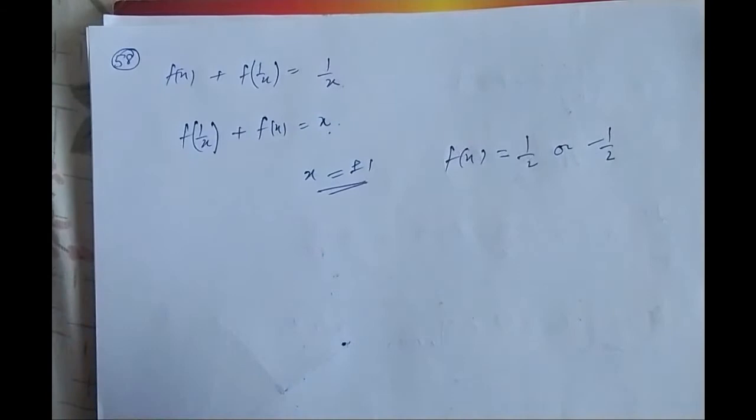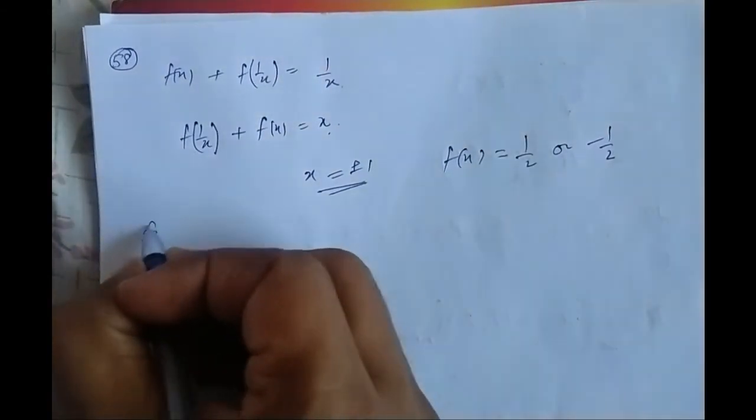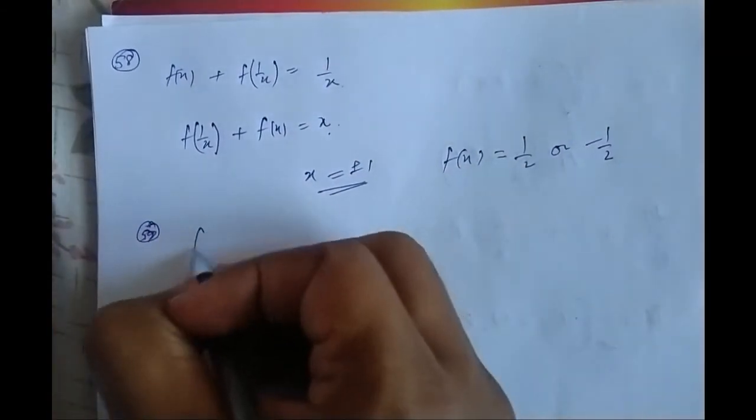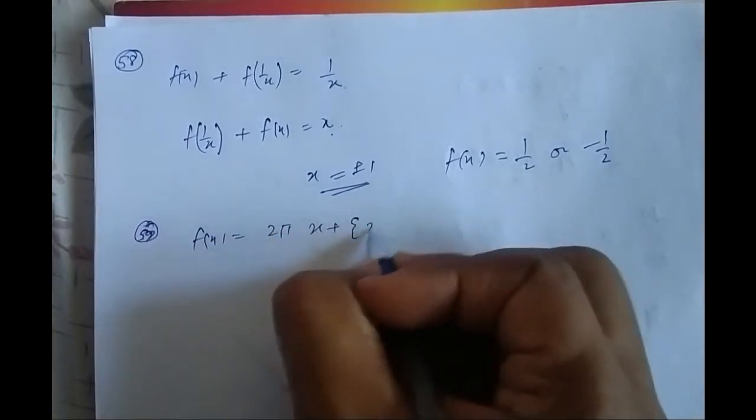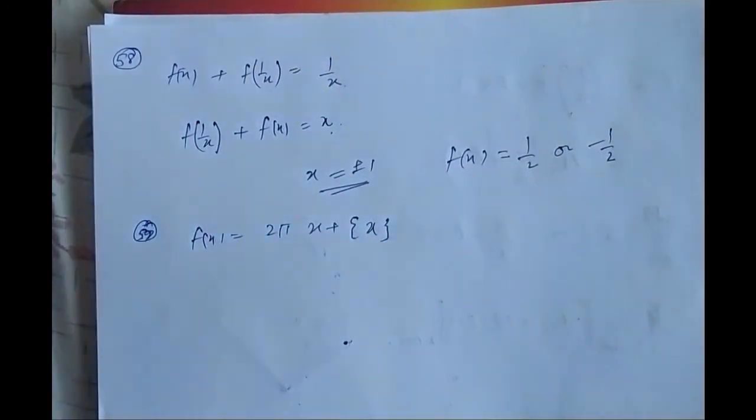Moving on to the next question, question number 59. Let f(x) is equal to 2 pi x plus the fractional part of x. Then the number of points in 0 to 10 at which f(x) assumes its local maximum value is. So we know that at non-integral points f dash for this function would be defined.